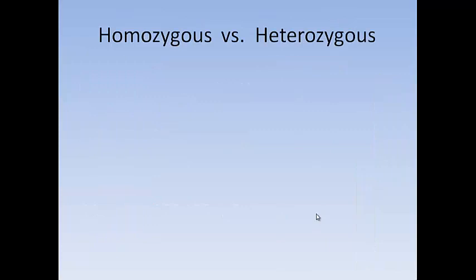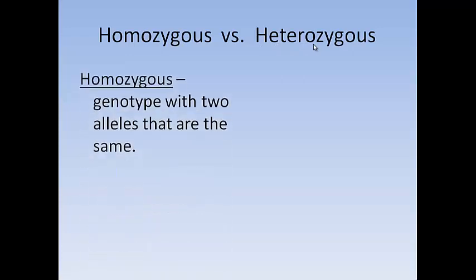Another thing we need to keep in mind are the terms homozygous and heterozygous. Now, what does the prefix homo mean? It means the same. What does the prefix hetero mean? It means different. So if you're homozygous, you have 2 alleles that are the same.